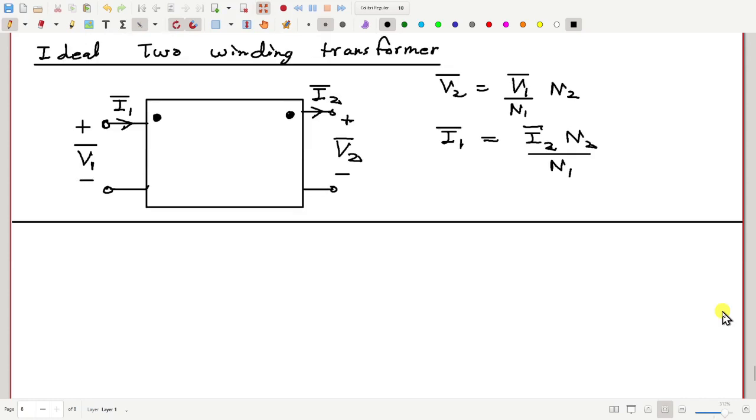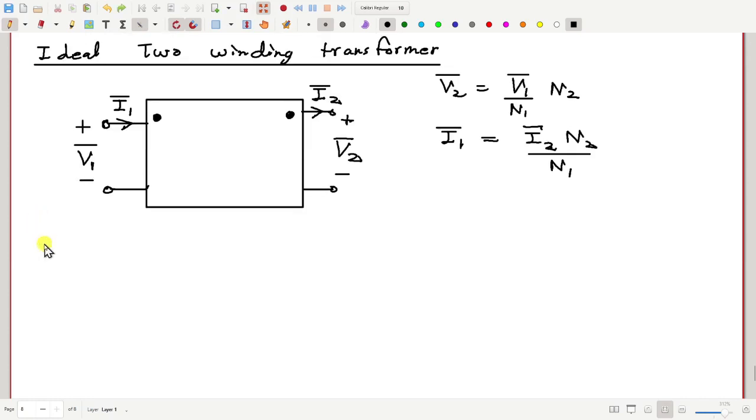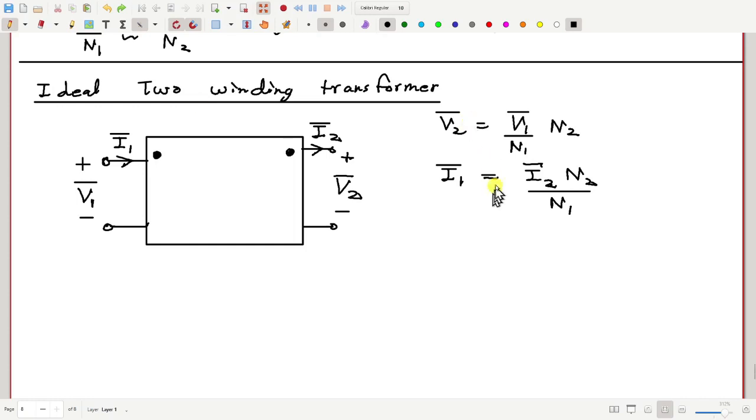So for an ideal transformer, if these two equations are true, then what happens?